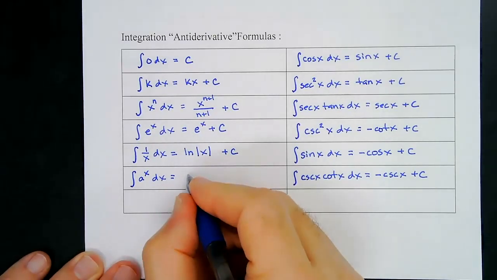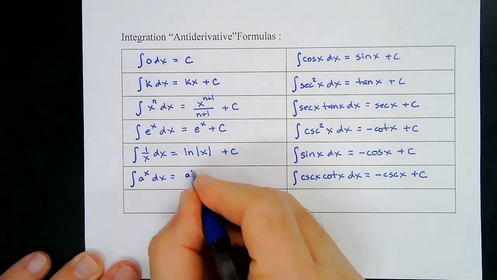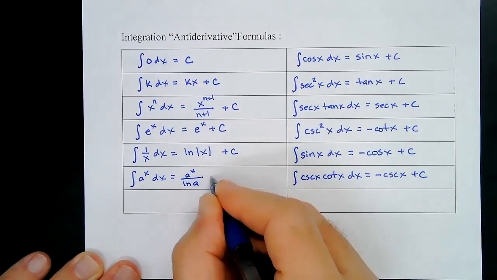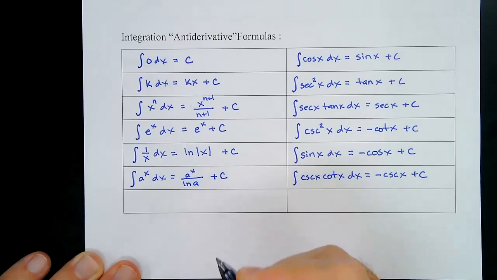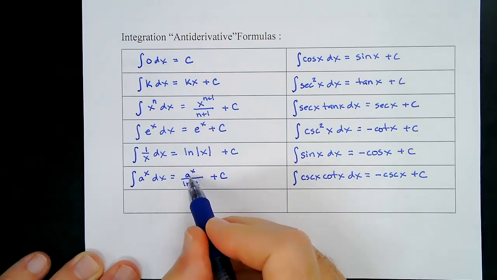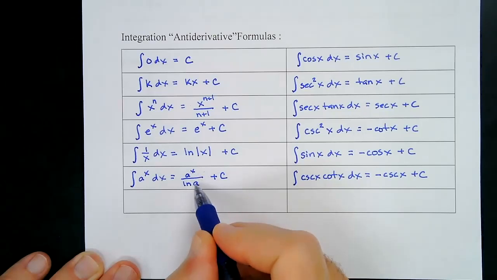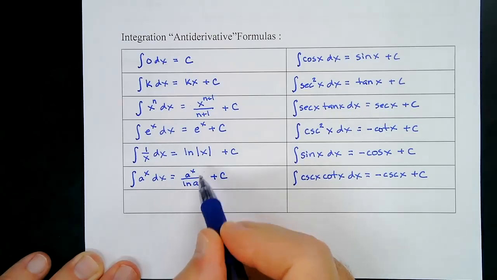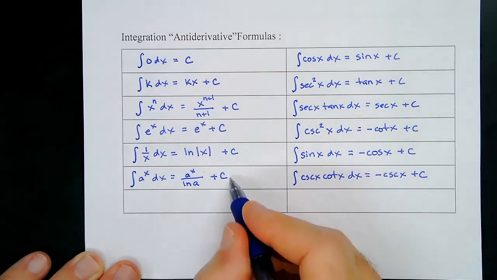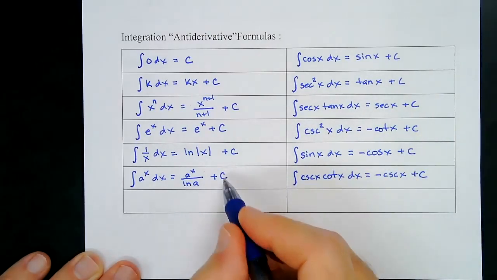So this would have to have come from a to the x over ln of a plus some constant c. And why? Because if you take the derivative of a to the x, you get a to the x ln of a, and so I need to divide by that ln of a to cancel out, and you have this constant, and that derivative would be 0.